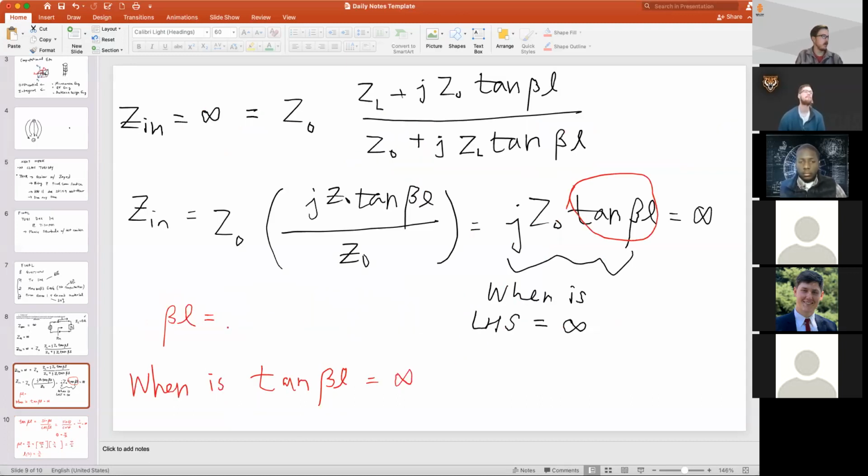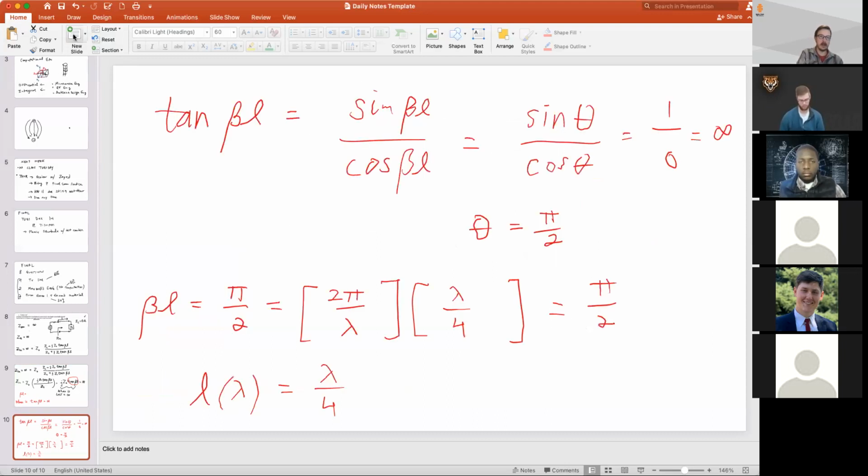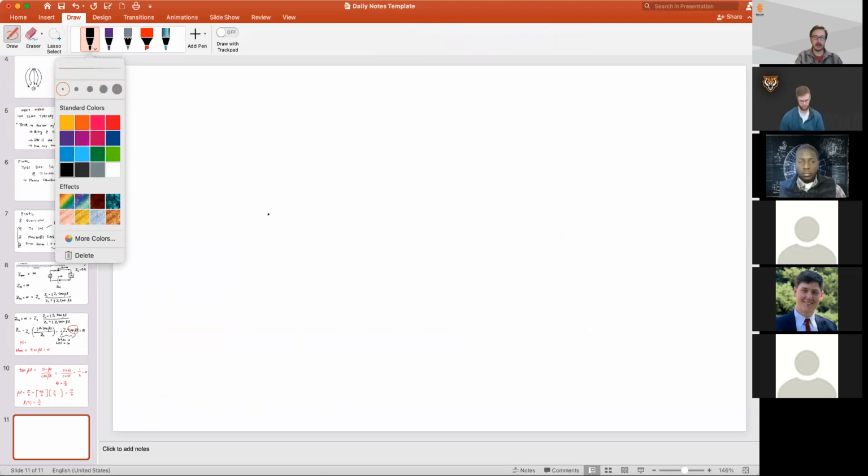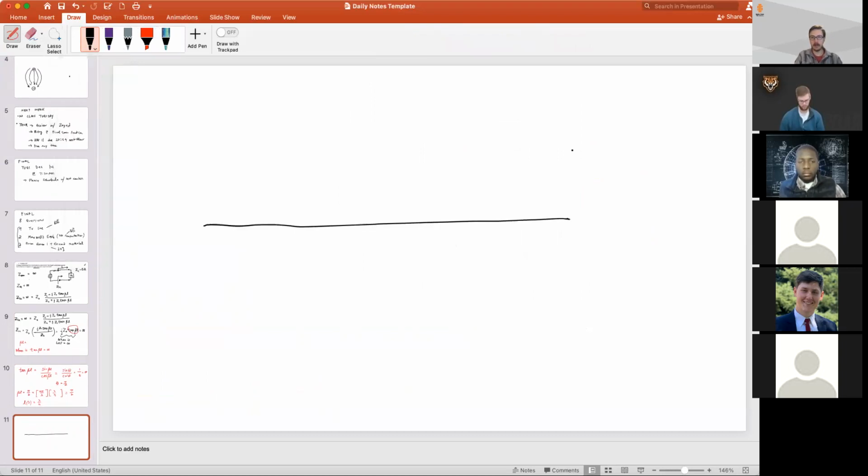Okay, so what does this mean? It means that L should be a quarter of the wavelength. And it means that even if we have a load that's a short circuit, every half a wavelength worth of line, it's going to appear like an open circuit.